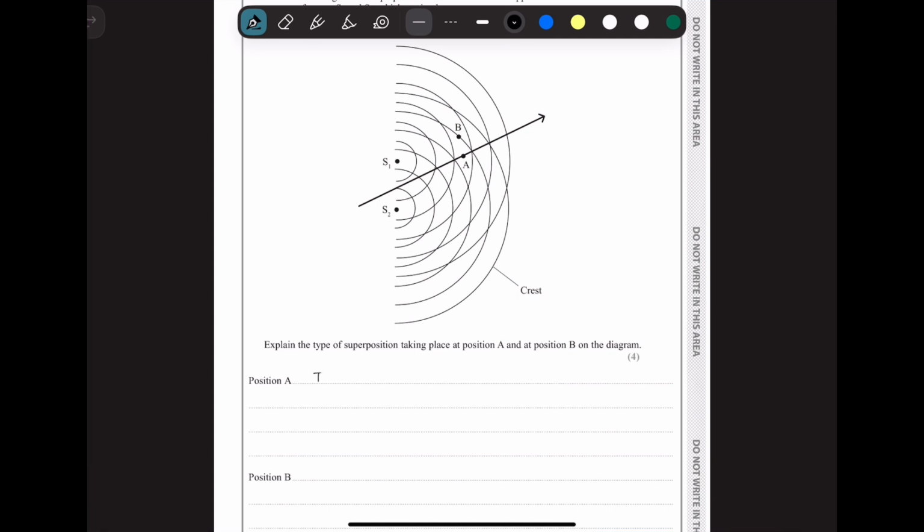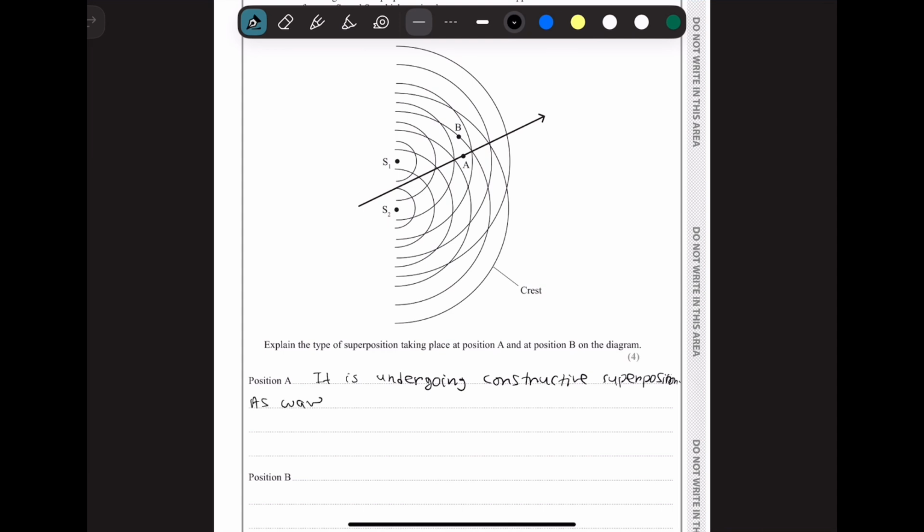Point A is undergoing constructive superposition. And why is that?